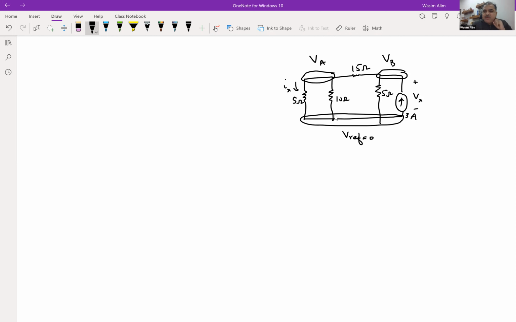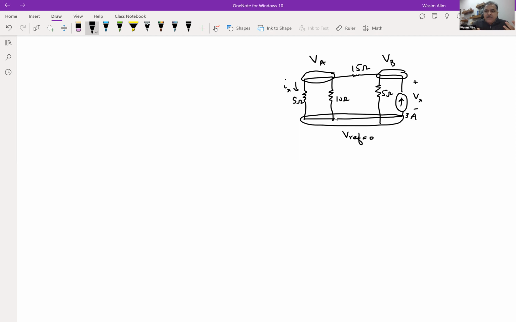Now I'll have to write equations for both of these nodes. If you don't know how to start, the best approach is, on the first node that you're writing the equations for, to simply say the sum of all the currents there is equal to 0, and you can take them as positive.